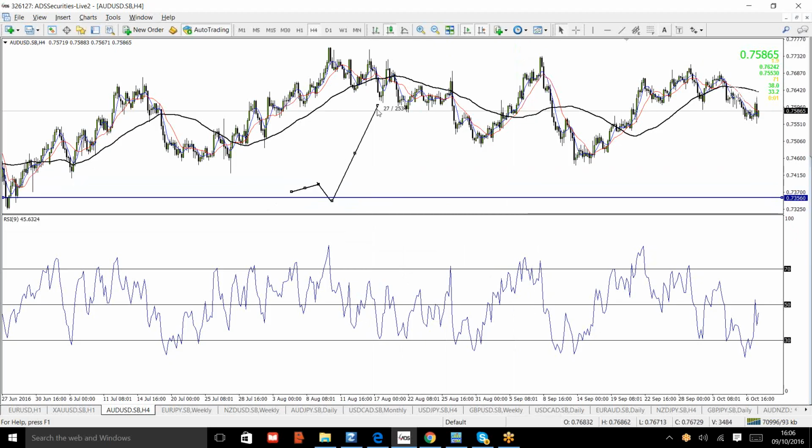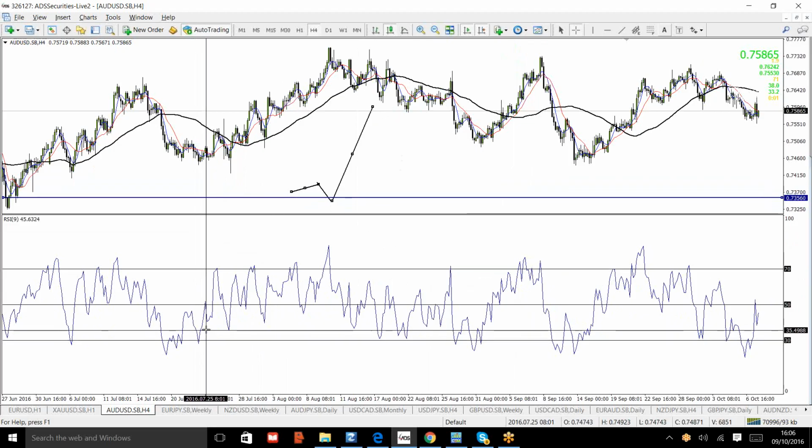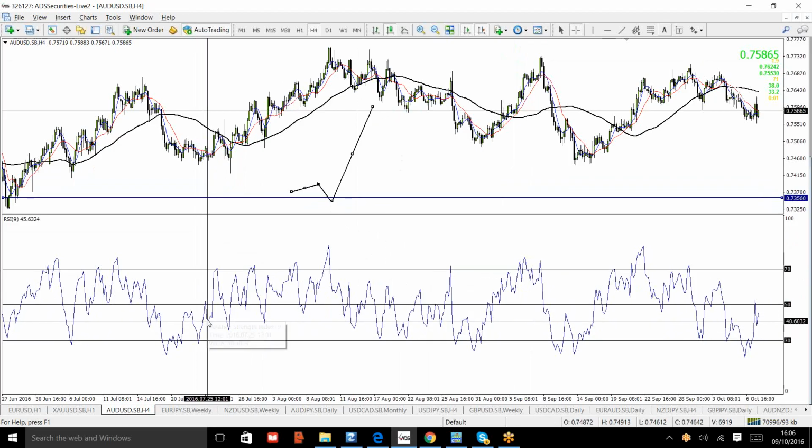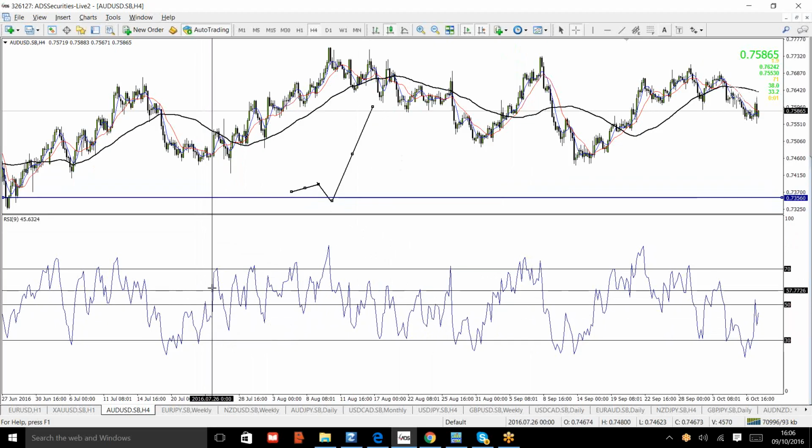This move to the upside is strong. And remember, guys, when it's above 50, it's even stronger. It was weaker when it was 30, and it's getting stronger now.